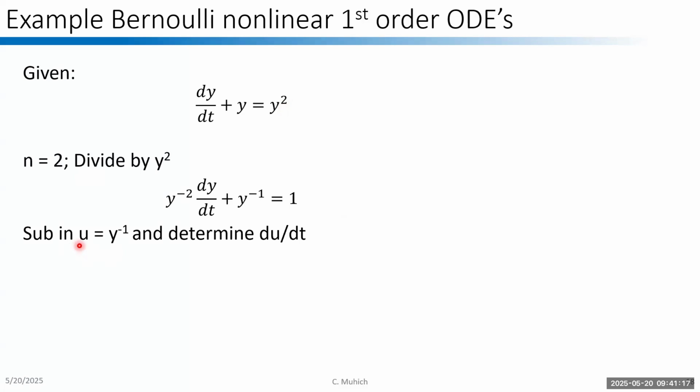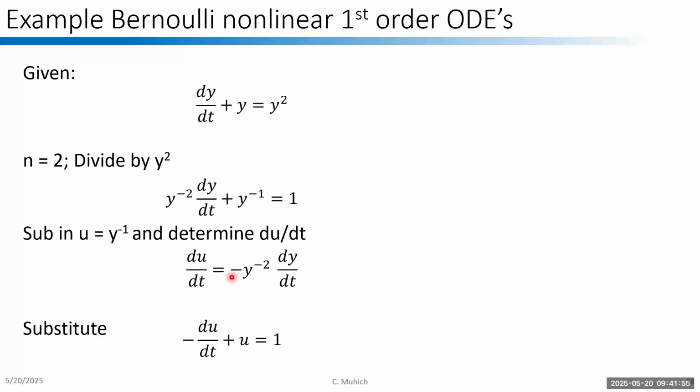Okay, so I now substitute in u equals y to the minus 1. I take 1 off of that exponent and determine my derivative of u with respect to t. So du/dt is equal to minus y to the minus 2 dy/dt, because the derivative of y to the minus 1 with respect to time is minus y to the minus 2.